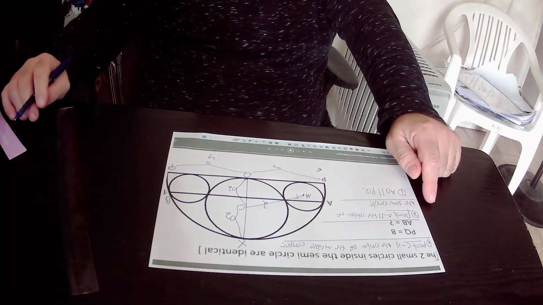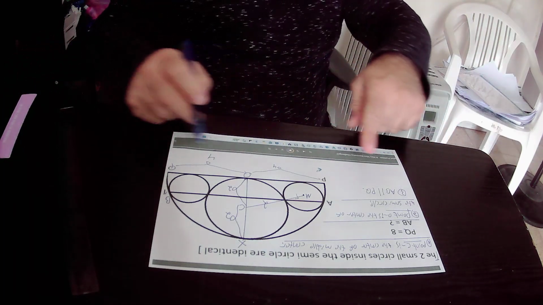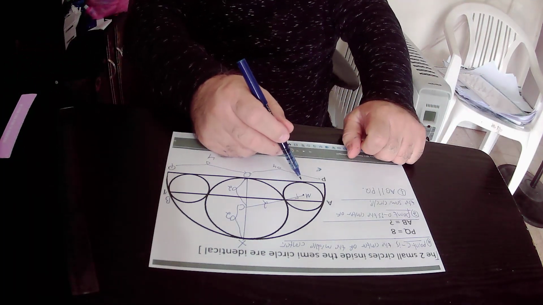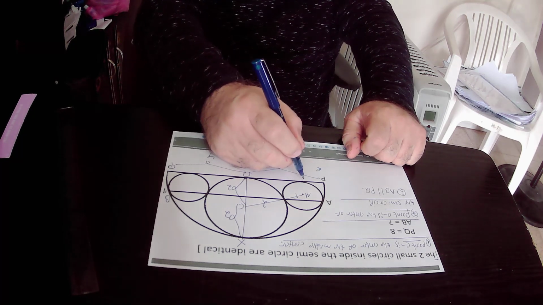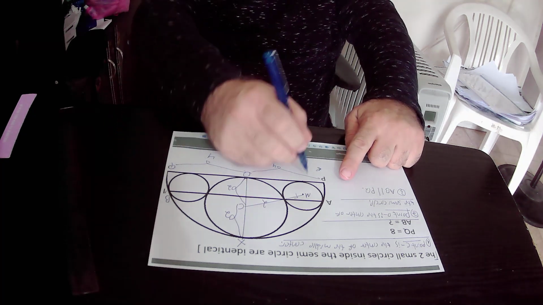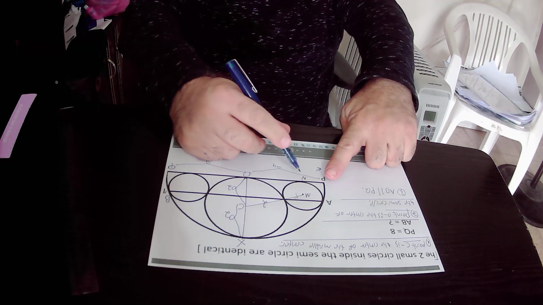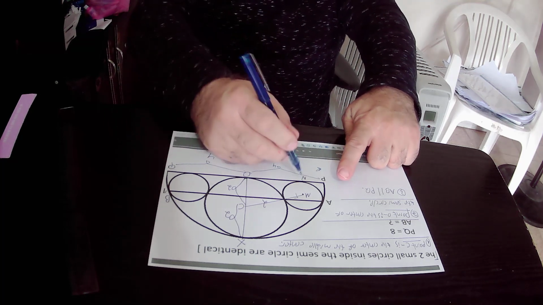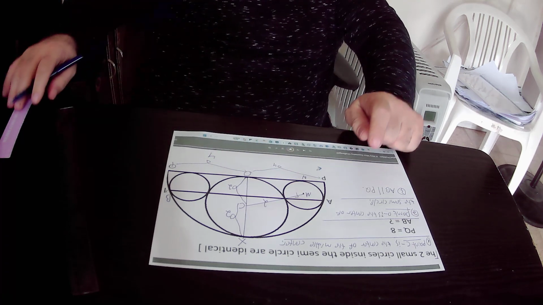Then we know that PQ is tangent to this small circle. At this point, we define the touching point between the tangent PQ and the small circle as point N. Point N is the point of tangency of tangent PQ with this small circle. We will join together points M and N by a straight line.